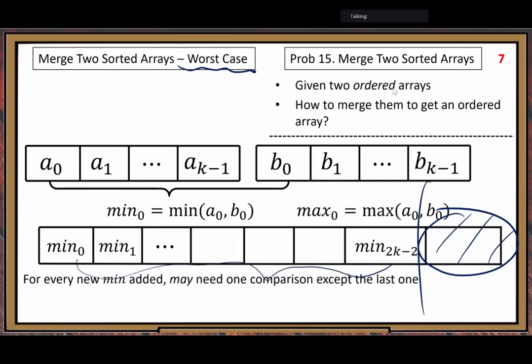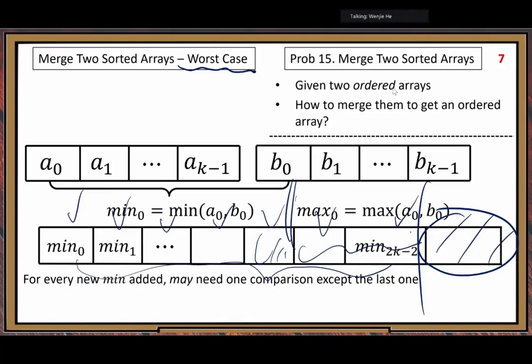Because you need to do comparisons one by one to put elements in place. When you reach the second to last one, you still need to do one comparison. That's the worst case. For some other cases, if it's not the worst case, then at some earlier position, after you put it in place, for the remaining elements you do not need any comparison.